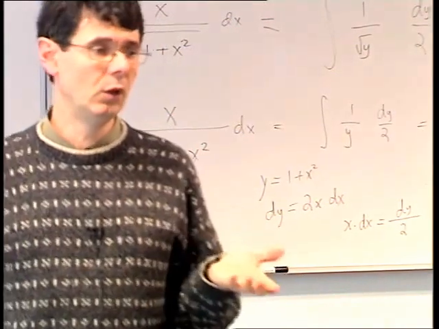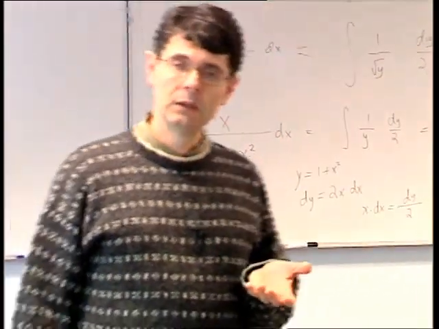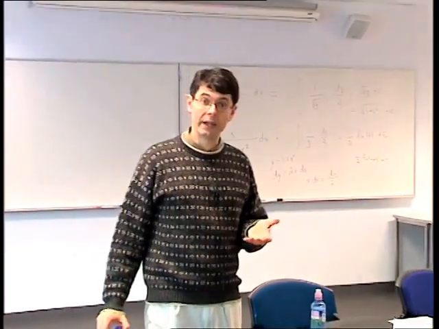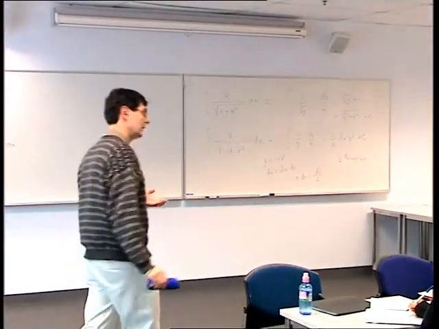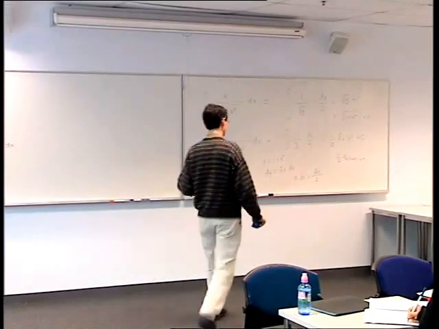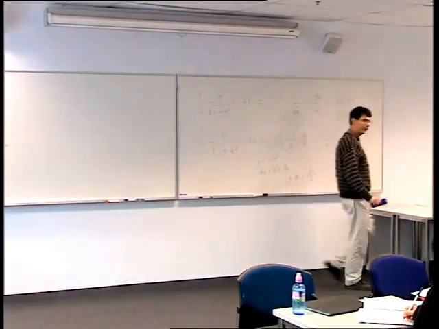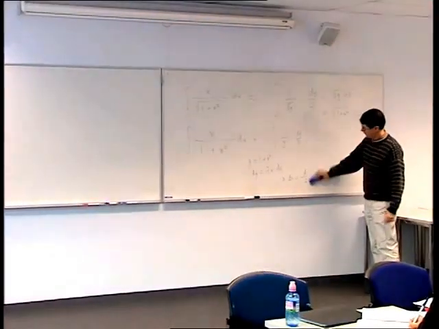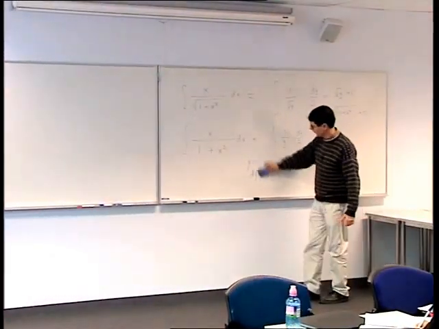Famous options. Everybody knows what the options are. Find another substitution or cry. Okay? And crying is not such a bad option, okay? But there is a substitution that will work.